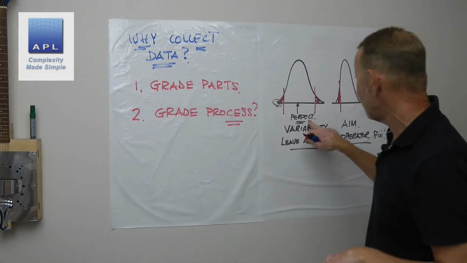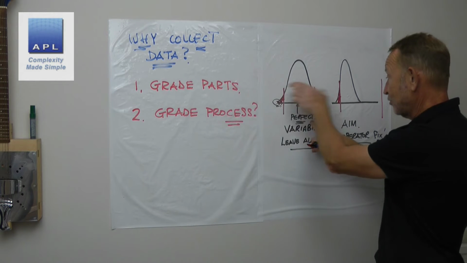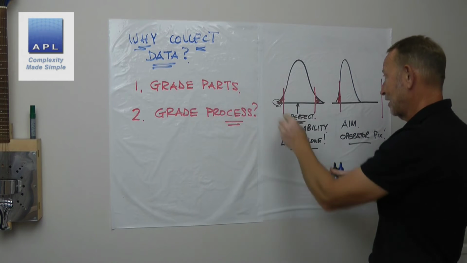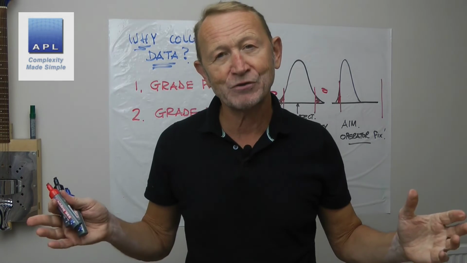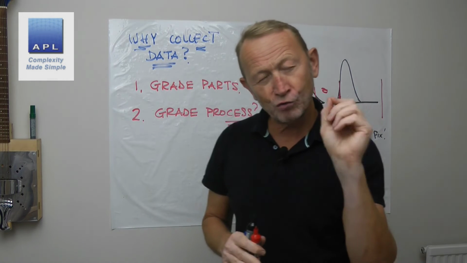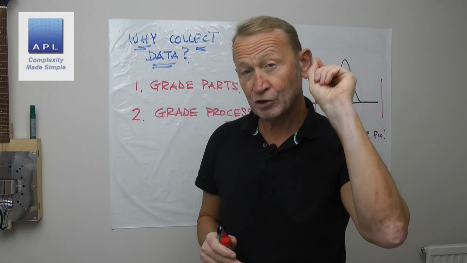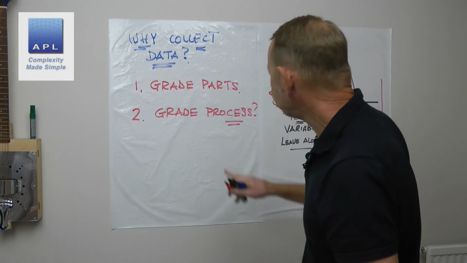Because of course, if the operator starts to play with their perfection, what will they do? They'll swing this backwards and forwards, and you'll end up with more data in the tails. And the process is getting worse. So you've got to think, there's two reasons to collect data: grading the parts, grading the process.